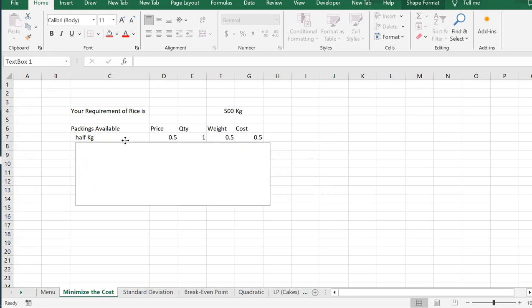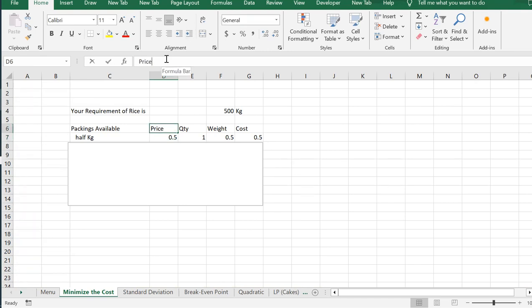So, for example, the half kg packing of the rice comes for $0.5. Okay, so we make it, for example, here the dollar.